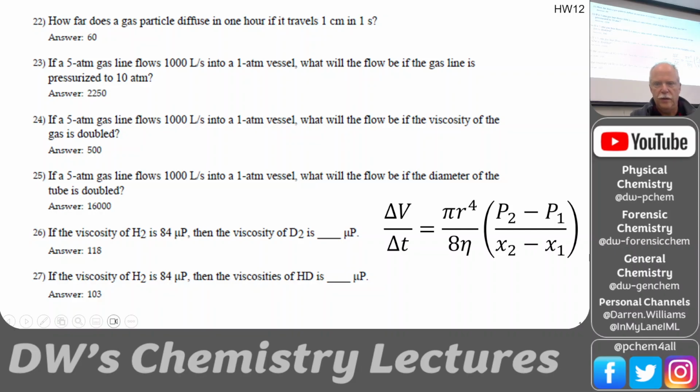And so what we're doing is, like I said, a 5 atmosphere, 5 ATM, 1 ATM. We're changing this one, doubling. And we got this flow rate here of 1,000 liters per second. So those are all the numbers in this problem. And the only thing that's changing is the viscosity.